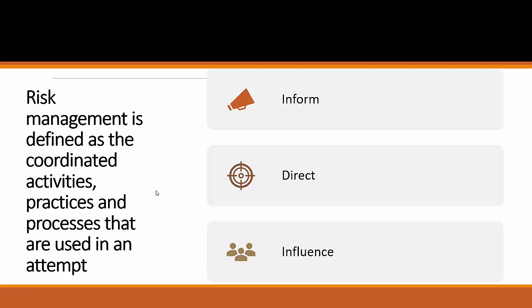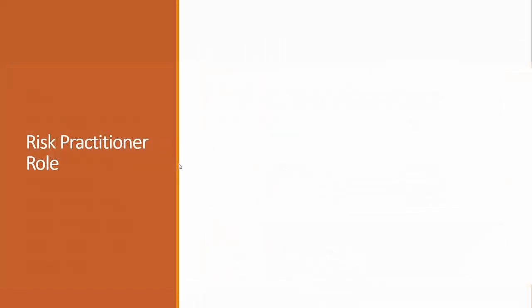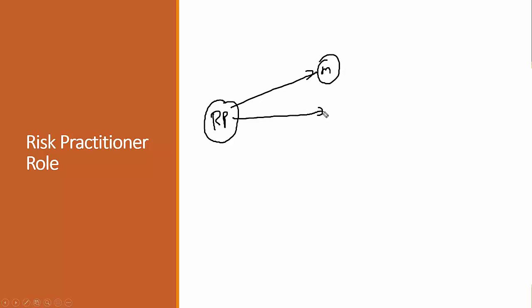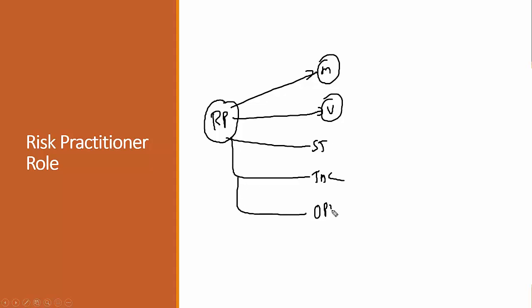So, what is the role of a risk practitioner in the organization? Before discussing the point, here I would like to show you the context of C-risk in the industry. A risk practitioner understands the mission of the organization, the vision, the strategy, the tactical, and the operations.